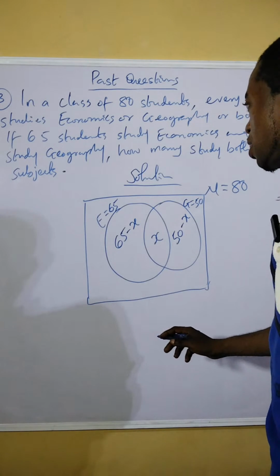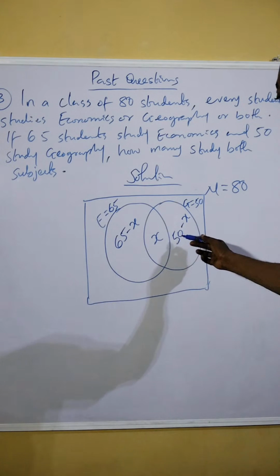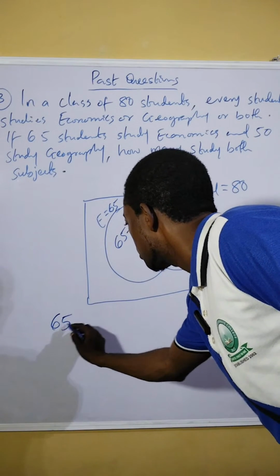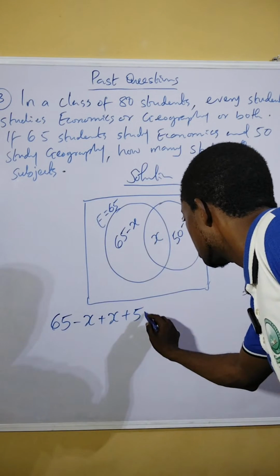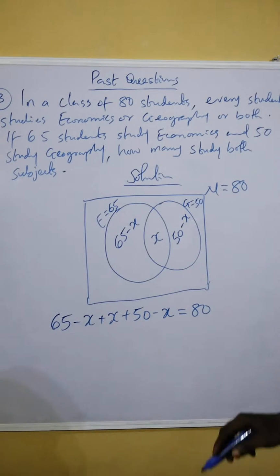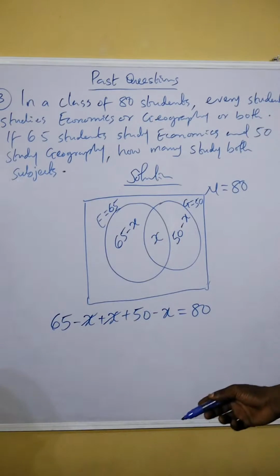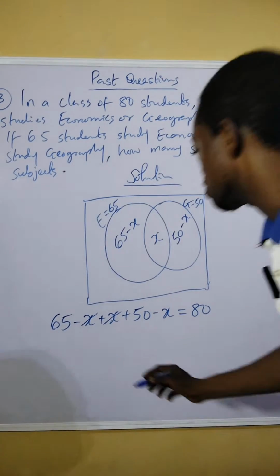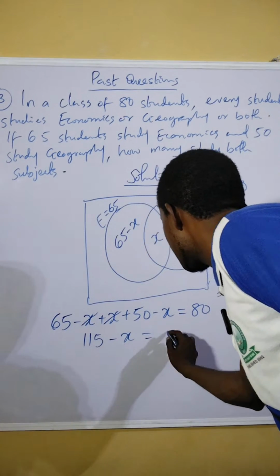Then to get x now, we can add everything here together and equate it to 80. So we have 65 minus x plus 50 minus x equals 80. And when we solve here, minus x and plus x cancel each other out. 65 plus 50 gives us 115. That's 115 minus x equals 80.